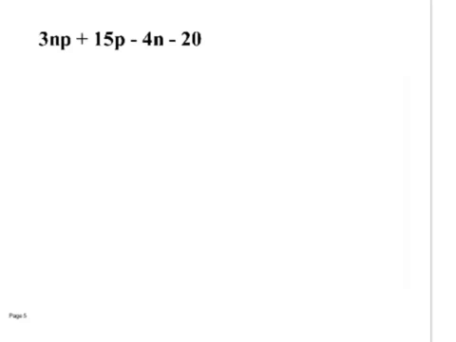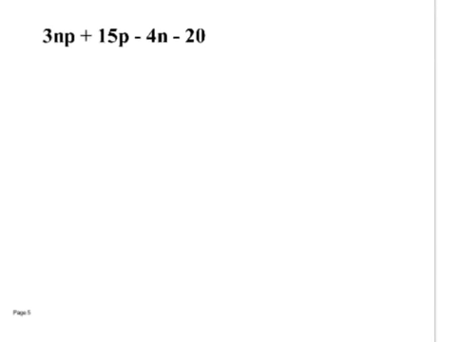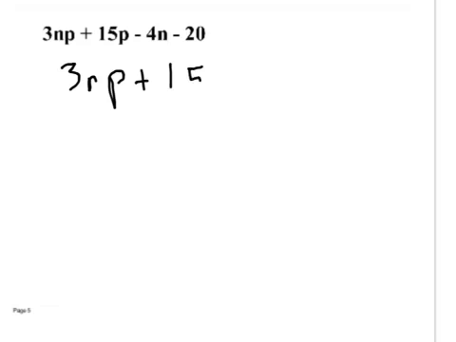Alright, so I'm going to group this: 3np plus 15p. And I'm going to group this one. That is an r. It's supposed to be n. Sorry.